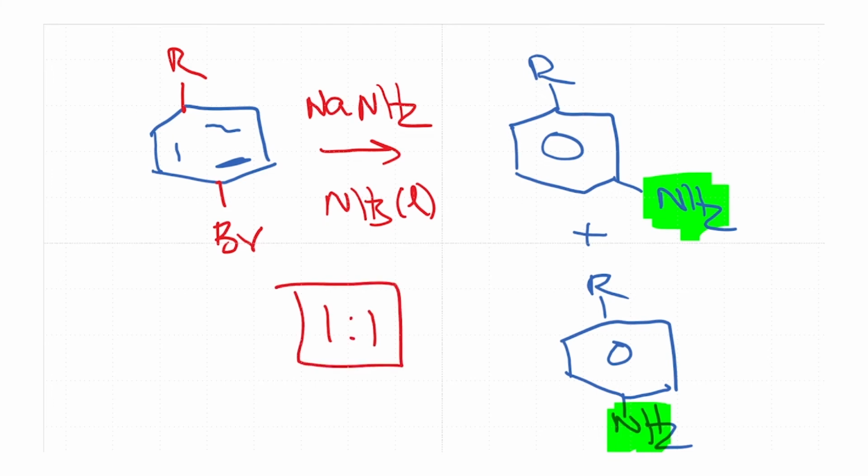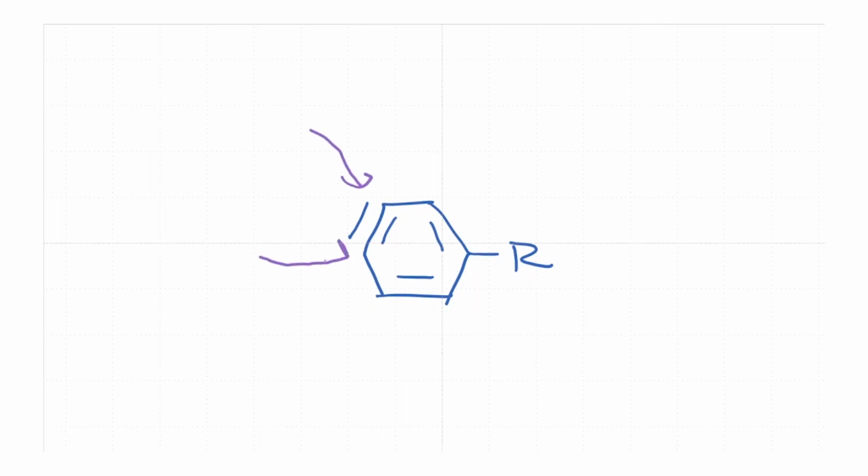So this is relatively easier for us to explain, because if you think about it, if you draw the intermediates, you have the benzene ring here, and now the attack can happen from here or from here. Okay, so NH2 minus can attack here or it can attack here.